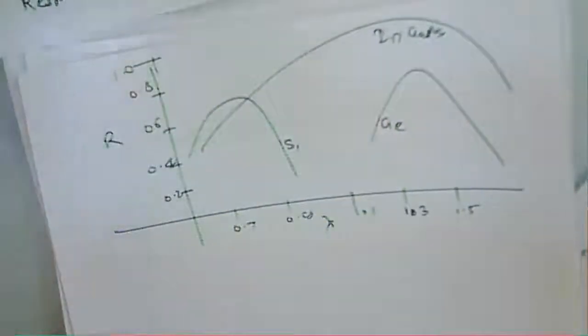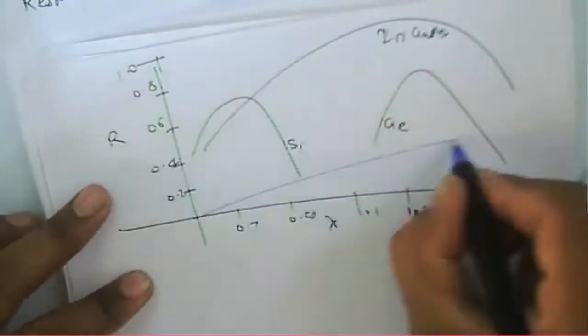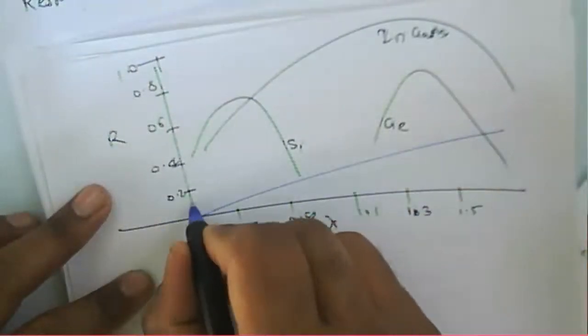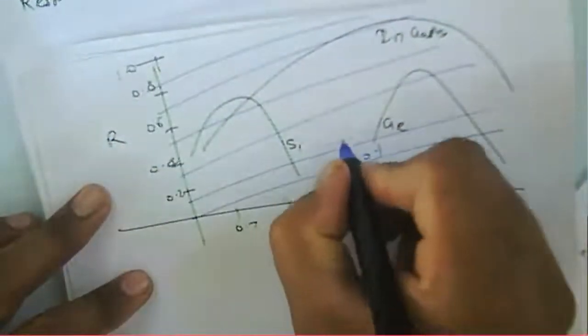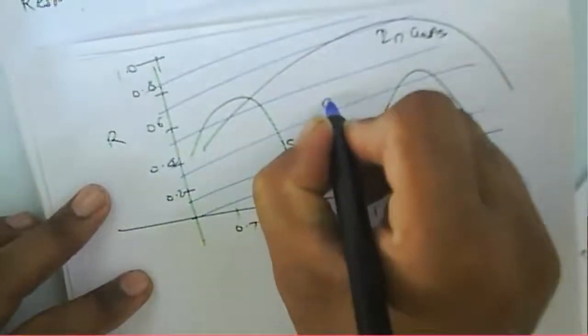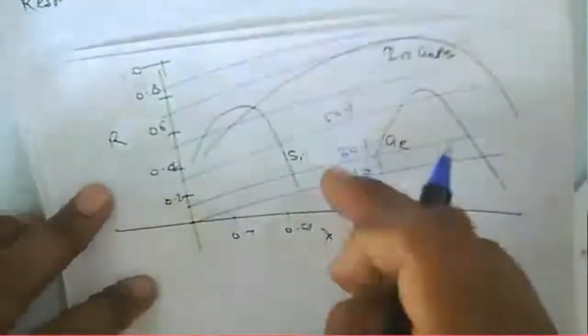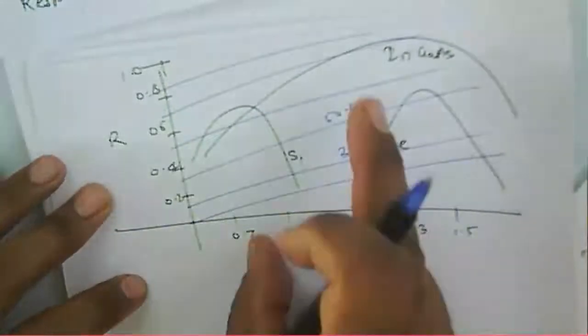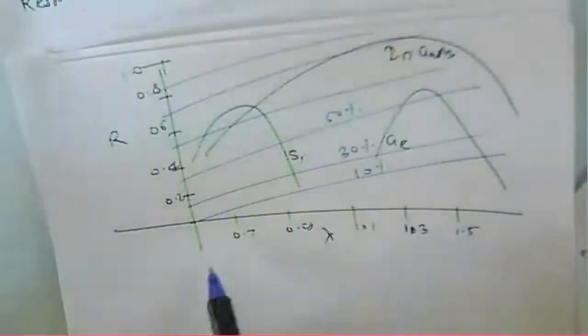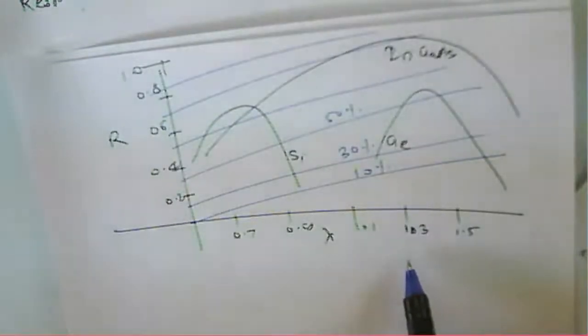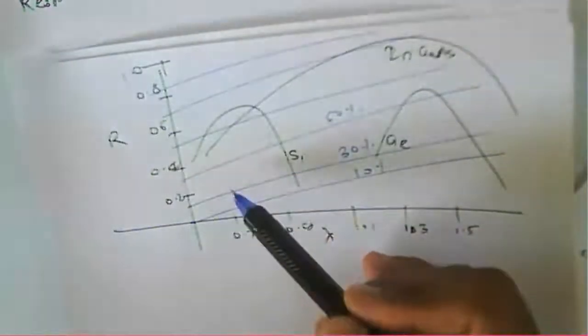So the responsivity depends upon the wavelength. And again it depends upon the efficiency, considered as 10%, 20%, 30%, 50%. This is the efficiency curve. So photodiode efficiency depends on the quantum efficiency, which again depends on the wavelength, as does the responsivity.